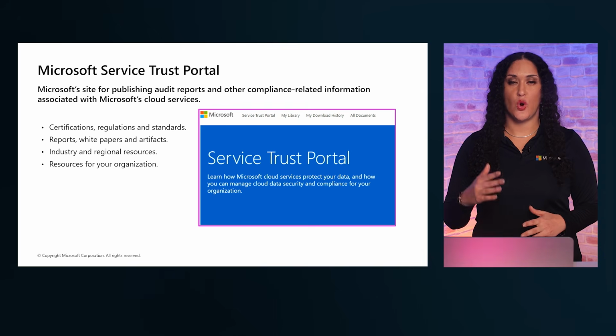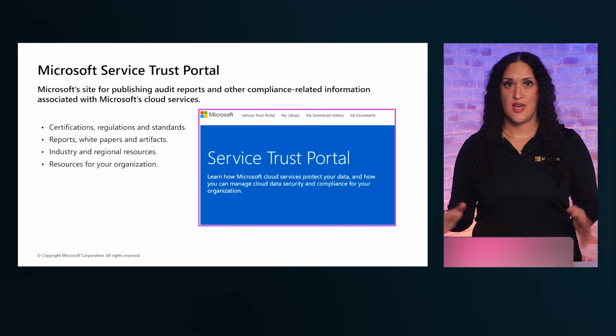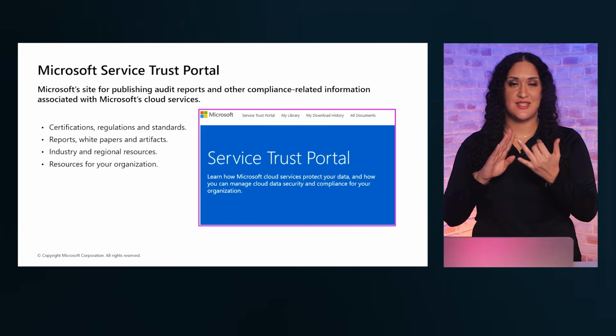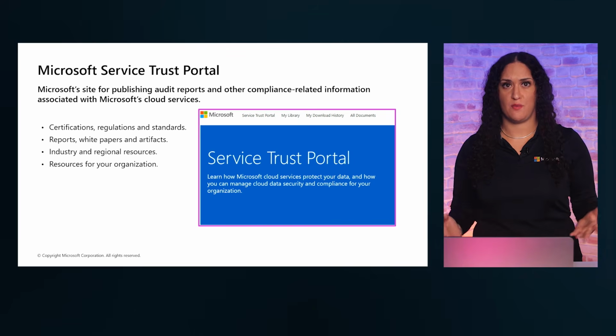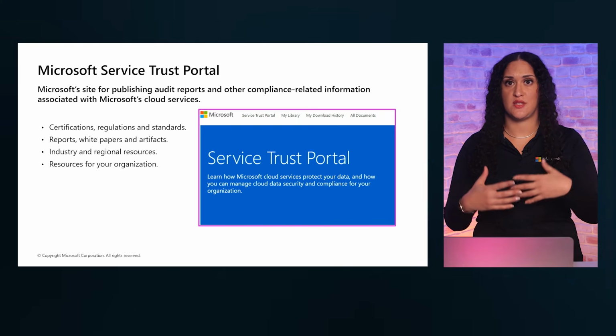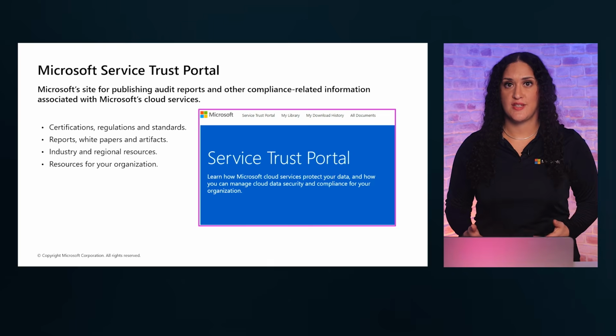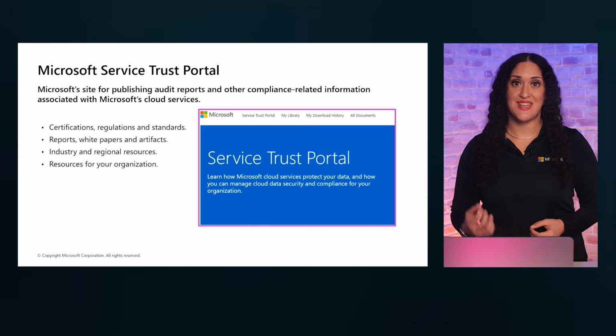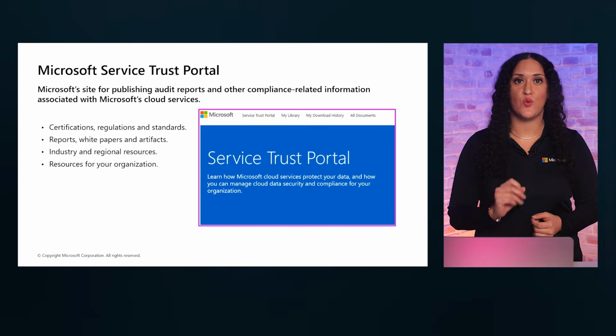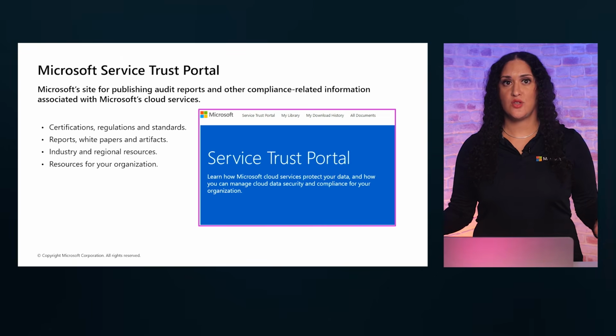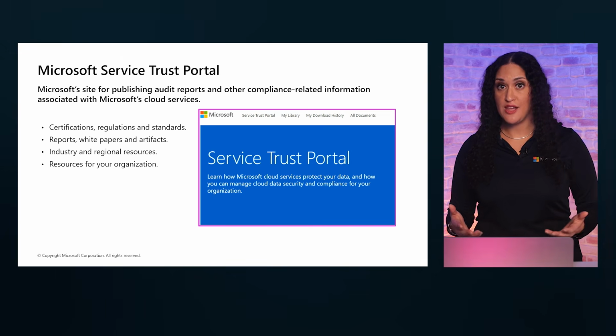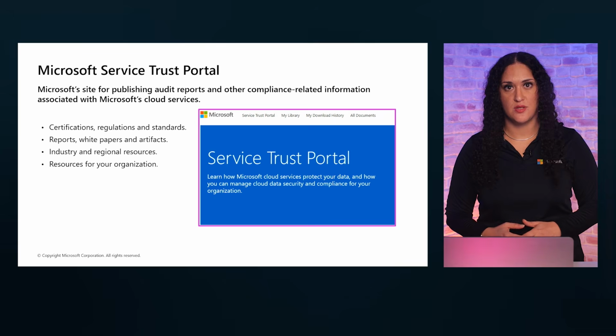The content is organized into clear categories, including certifications, standards, reports, white papers such as business continuity, disaster recovery, penetration testing, and privacy resources, as well as industry and regional materials for sectors like financial services, healthcare, media, and government.